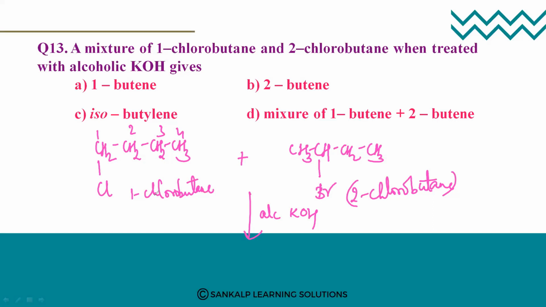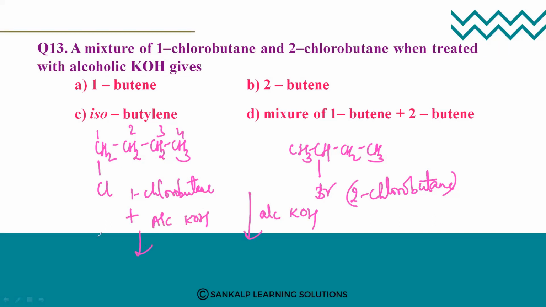So here we are treating 1-chlorobutane and 2-chlorobutane with alcoholic KOH. What are the steps we have to follow? Here we are treating this mixture with alcoholic KOH. First, when I treat 1-chlorobutane with alcoholic KOH, what is the product which is obtained?